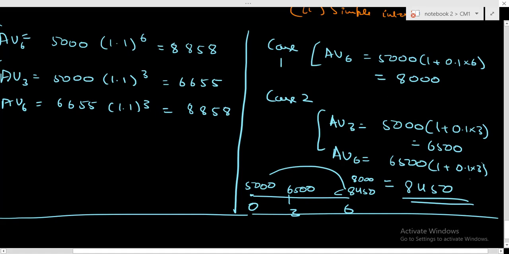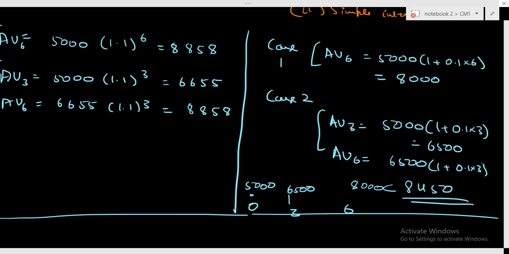Then this amount is invested again for 3 years, it becomes 8450, and 8450 is greater than 8,000. So an investor can simply make more money under simple interest by withdrawing the amount and investing it again.